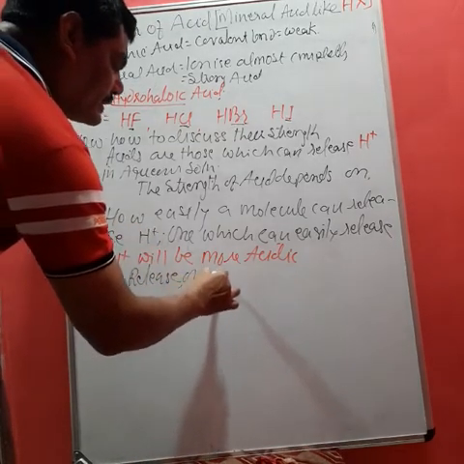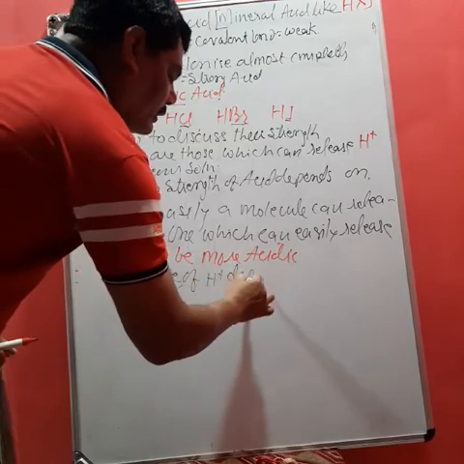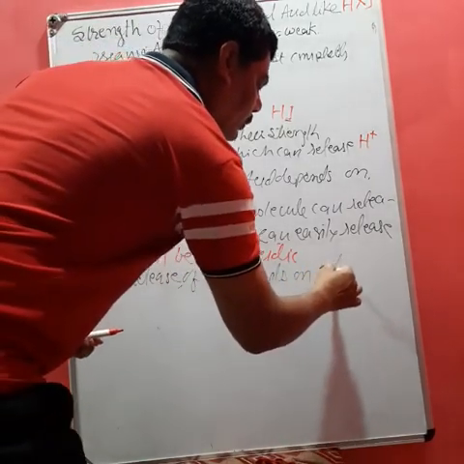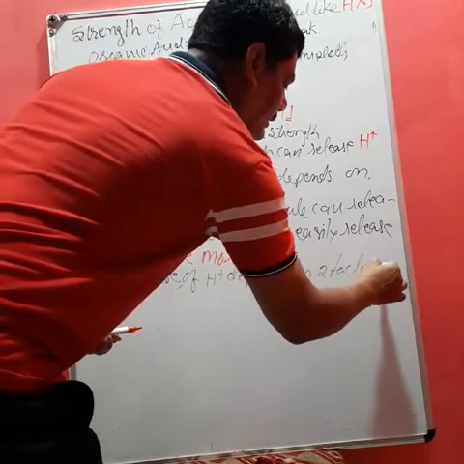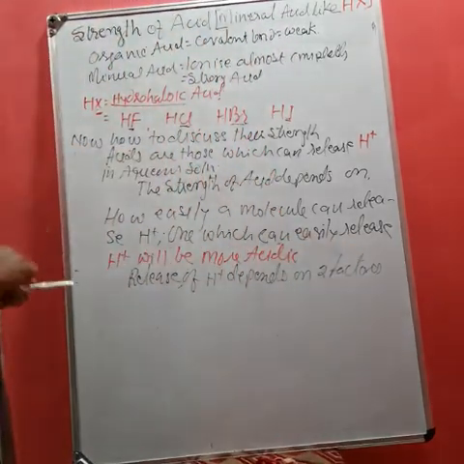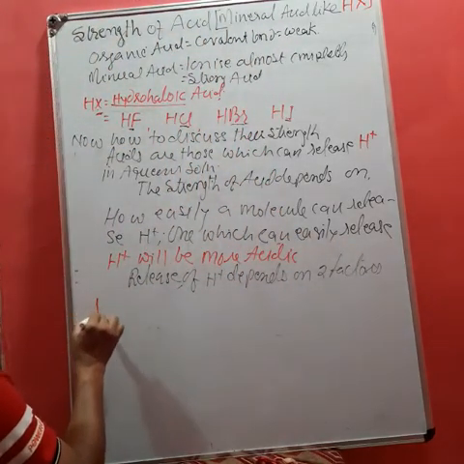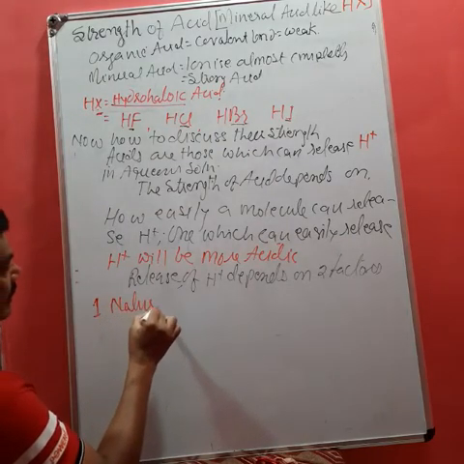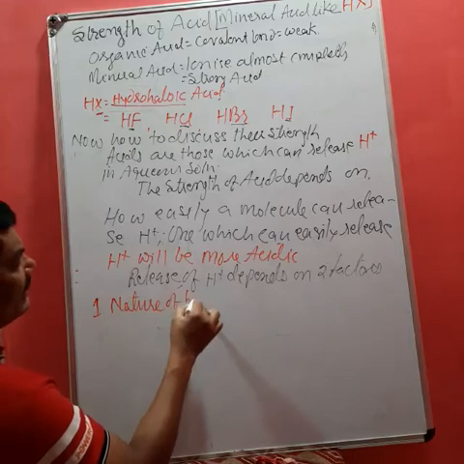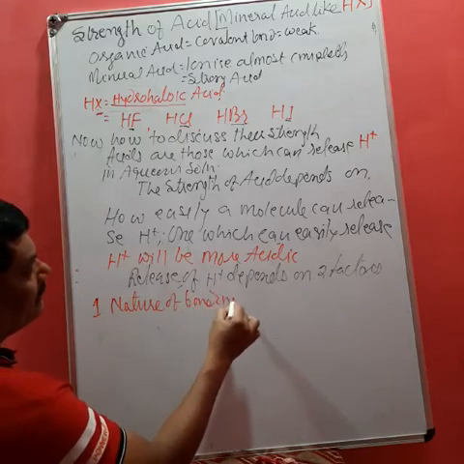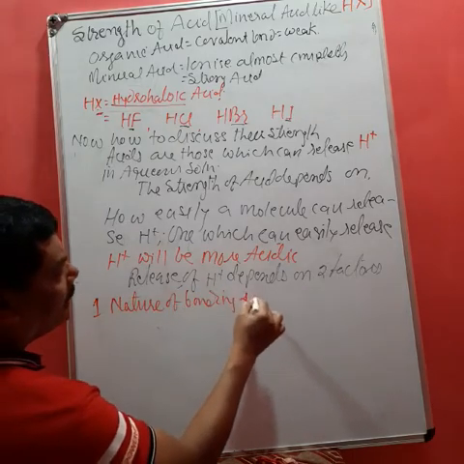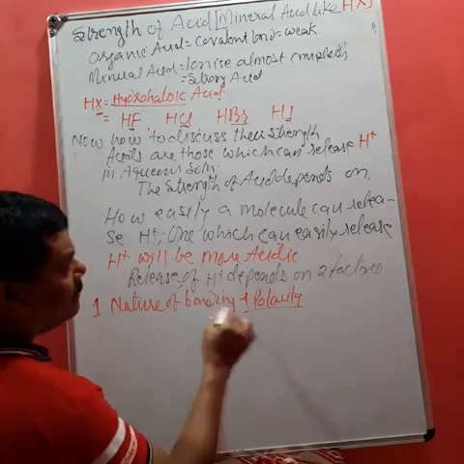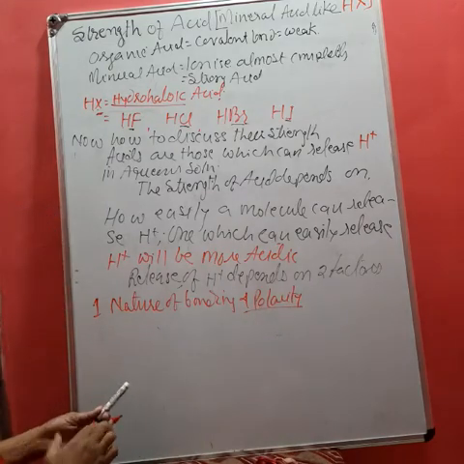Release of H cation depends on two factors. Which are these two factors? First one, nature of bonding, and what? Polarity. Nature of bonding and polarity. Getting?